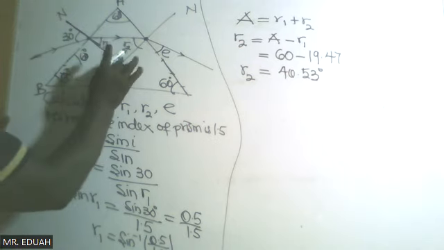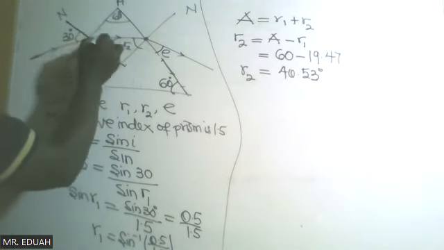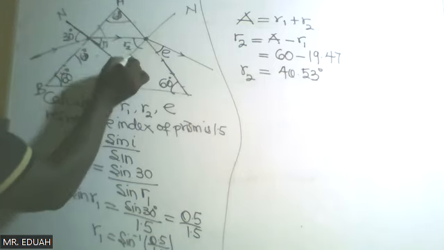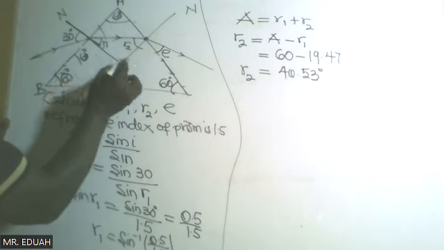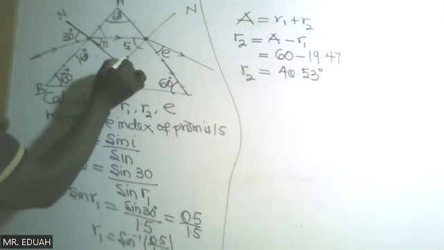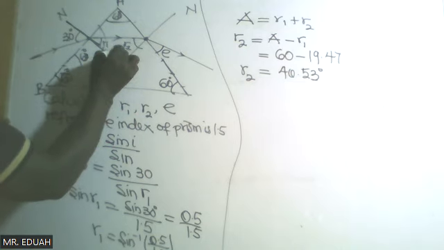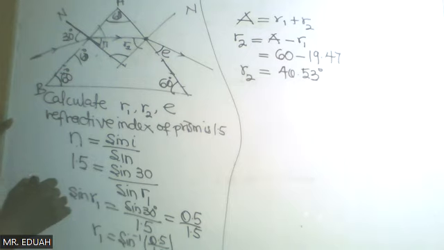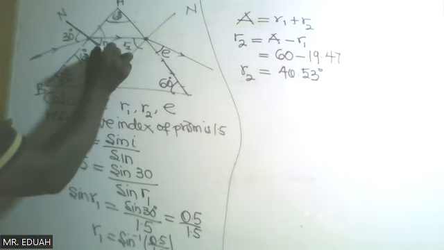180. We said that this plus this equals 180, and this plus this is also equal to 180. So if this is 60, what will be this angle? 120. So this will be 120.